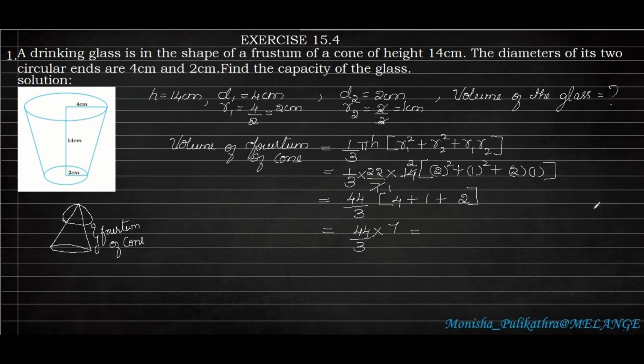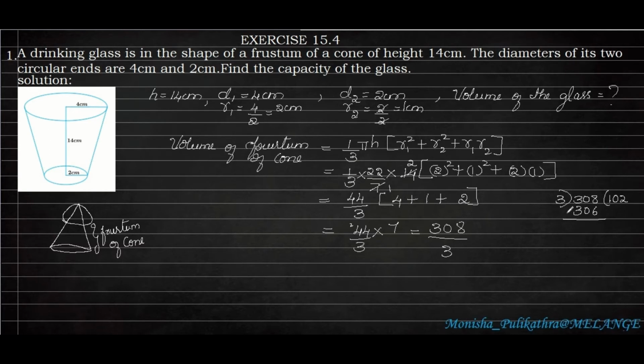Next we need to multiply 44 into 7. 7 fours are 28, 2 carry, 7 fours are 28, 29 and 30, so 308. Now we need to divide 308 by 3. 3 tens are 30 and 3 twos are 6, so 3 into 102 becomes 306.